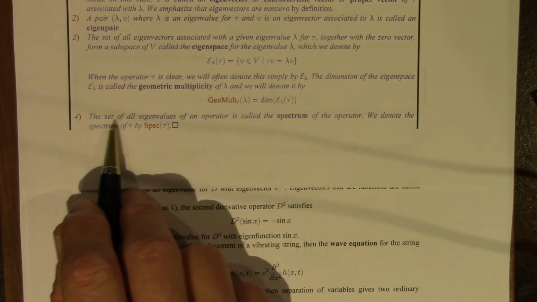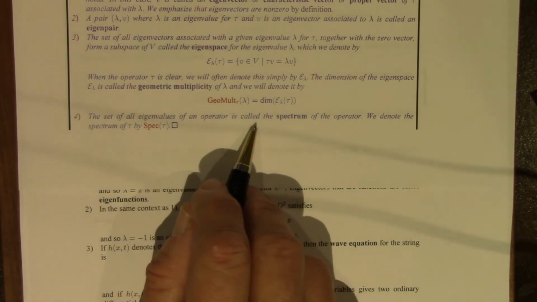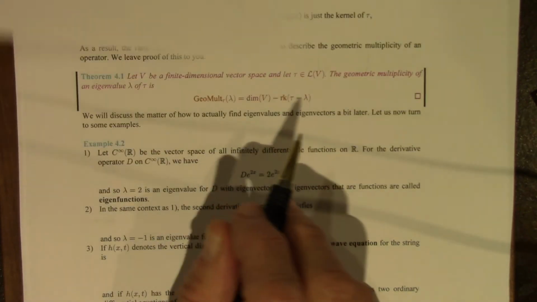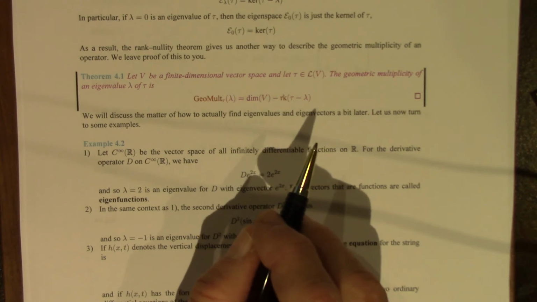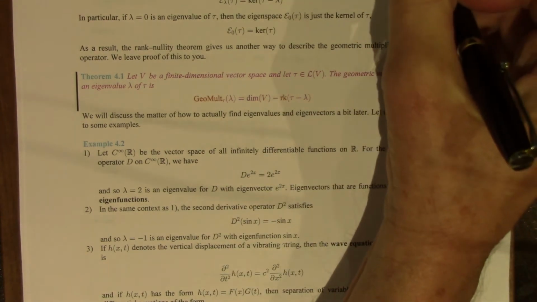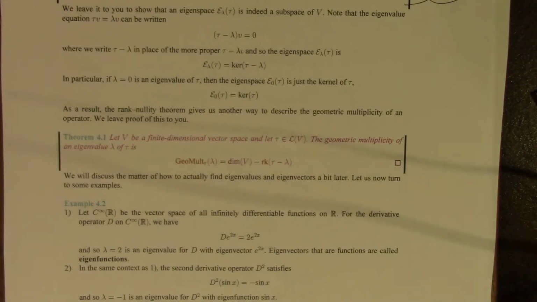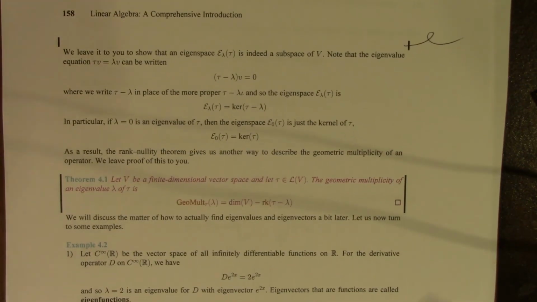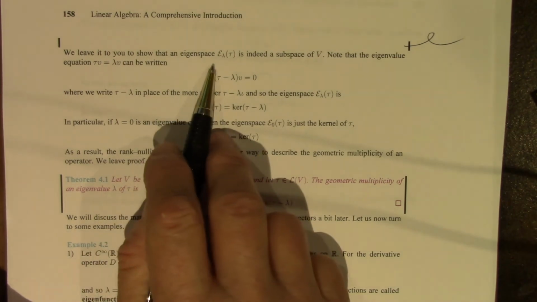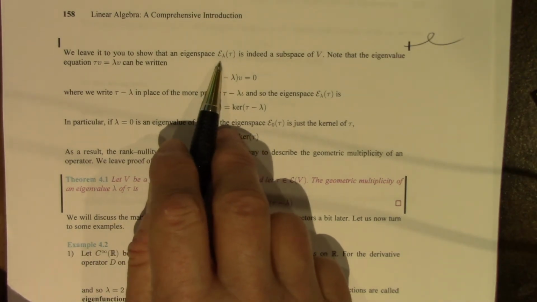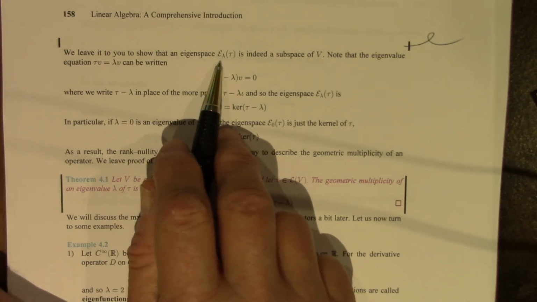It is simply the set of all eigenvalues without regard to their multiplicity. So I'm going to leave it to you to show that the eigenspace E lambda is in fact a subspace of V.